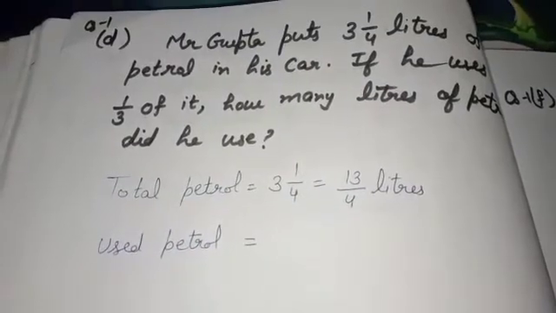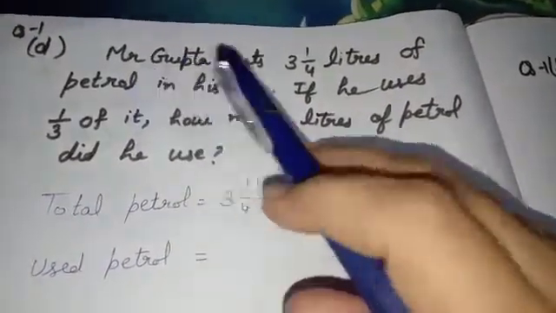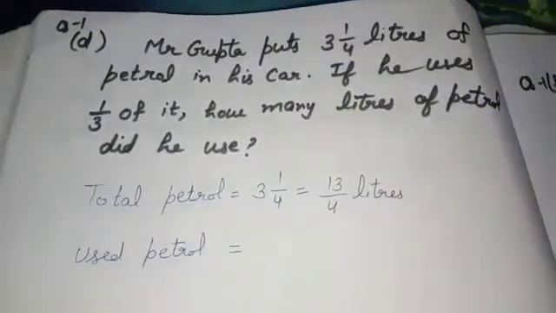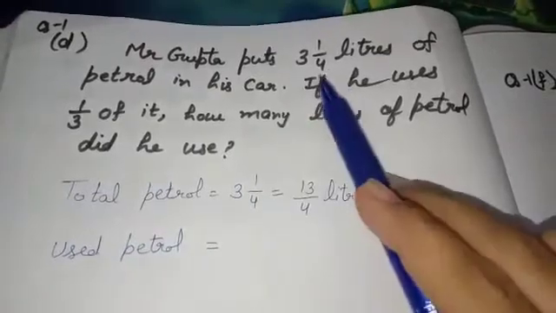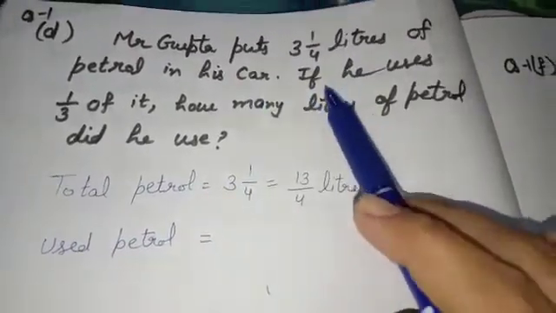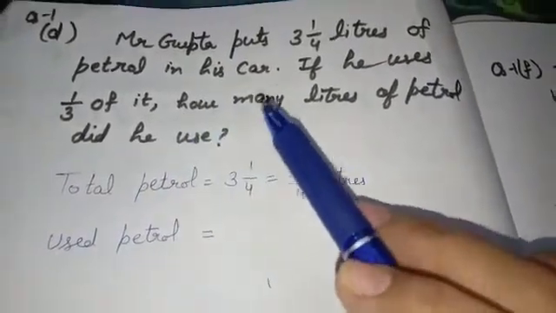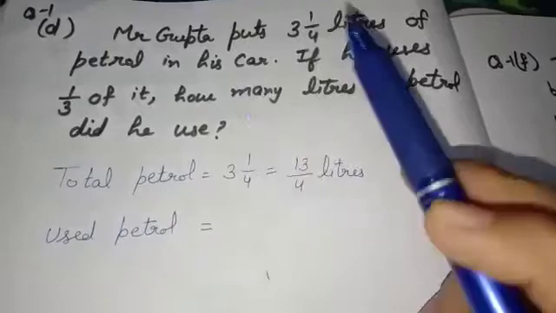Now let's start D part of the question. Mr. Gupta puts 3 1/4 liters of petrol in his car. 3 1/4 liters of petrol is the total quantity of petrol. If he uses 1/3 of it, how many liters of petrol did he use?